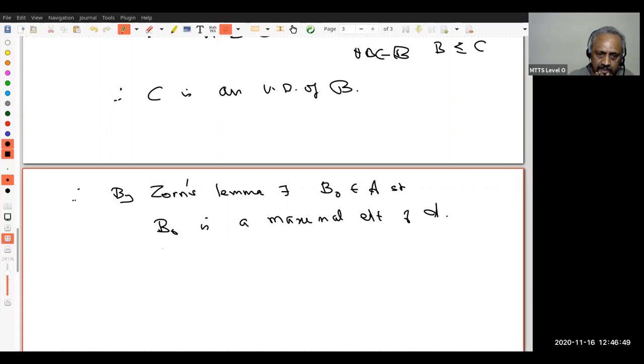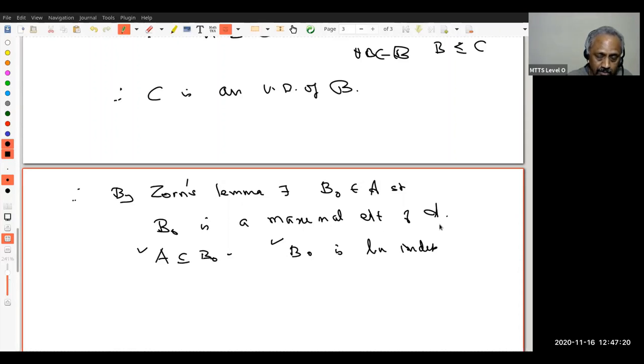In particular, A is a subset of B naught. And I know it's a maximal element of A, therefore B naught is also linearly independent because it is an element of script A. So B naught contains A, B naught is linearly independent, and B naught is a maximal element of A. Does that imply it's a basis for V?